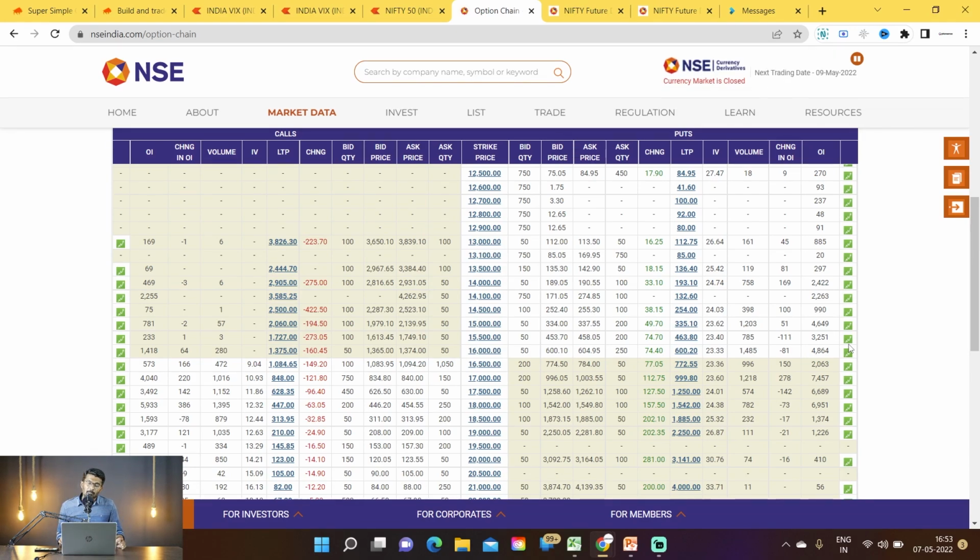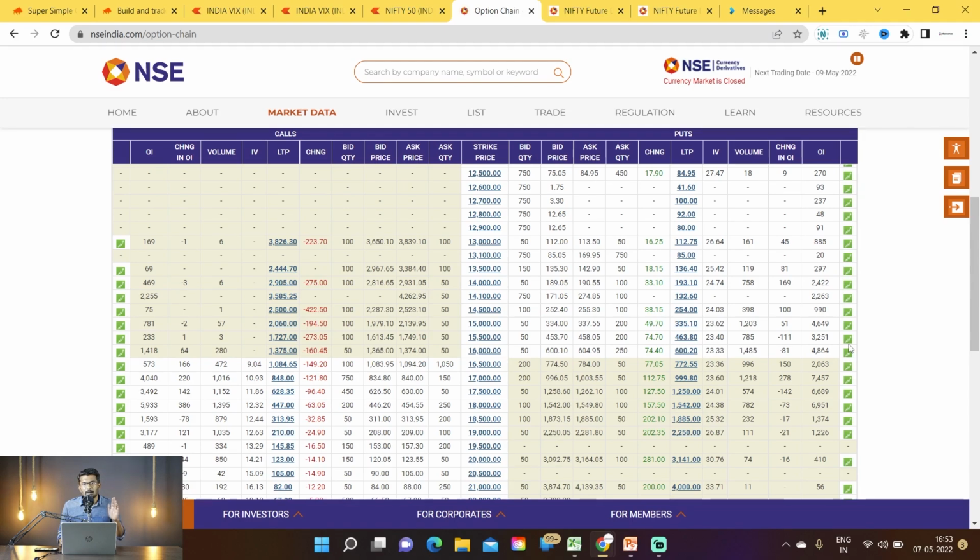Let us say, for example, Zerodha, India's biggest broker, doesn't allow you to sell options which expire in 2023. Maybe they will allow you to sell December 2022 options, but 2023, 2024, 2025 they will not allow. And there are some brokers who don't even allow you to sell options which expire in more than 2 months. We are in May.